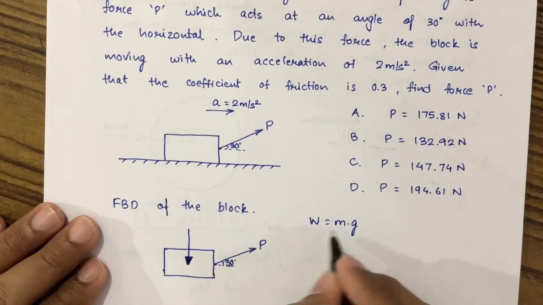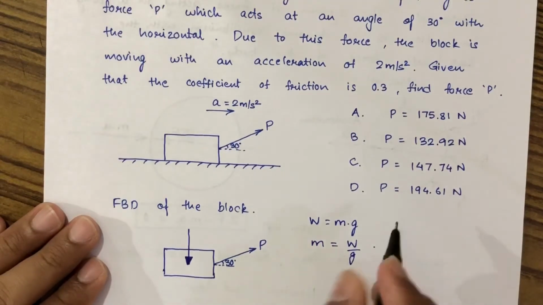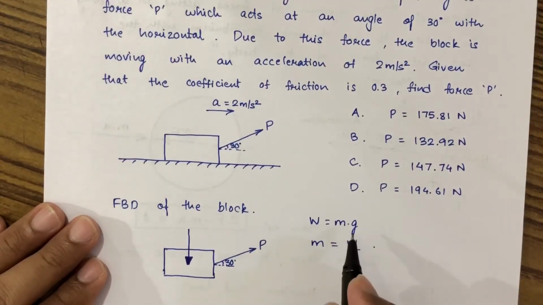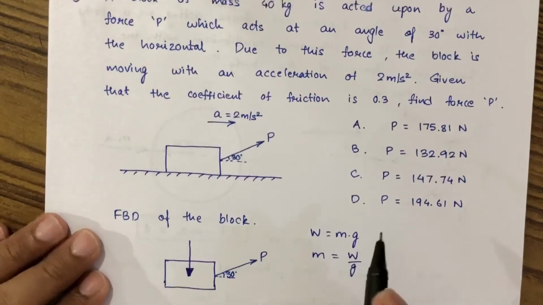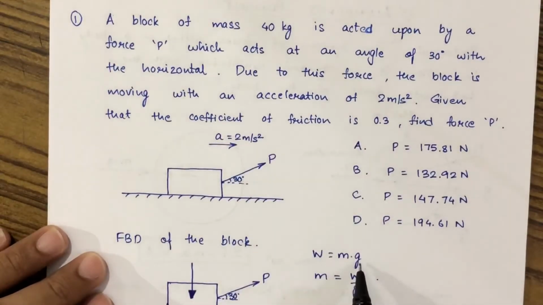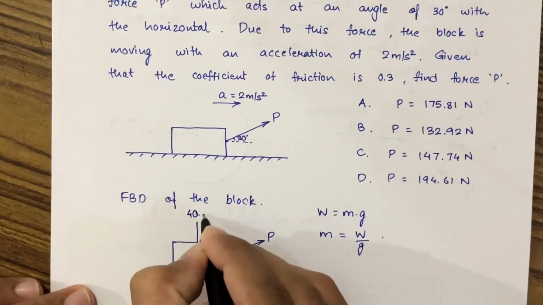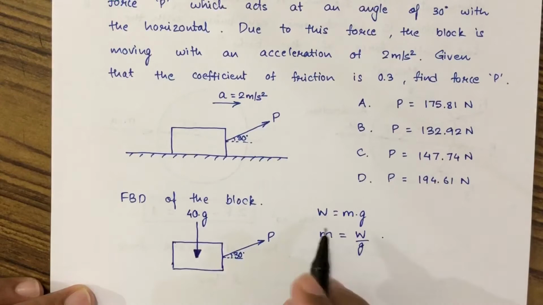Here mass is 40 kg, multiplied by g, that will give us the weight. So the weight will be 40 multiplied by g.